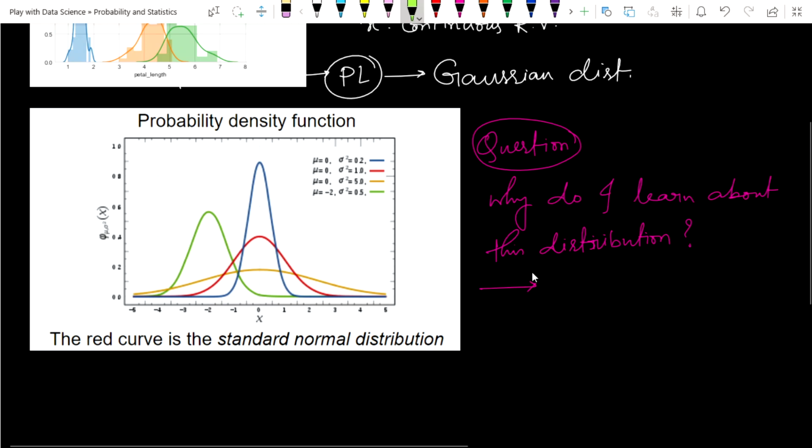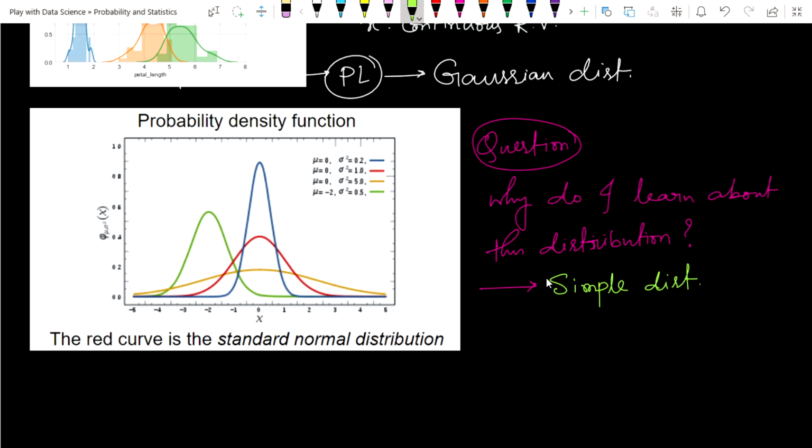The first answer that arises in our mind is that it is a very simple distribution.